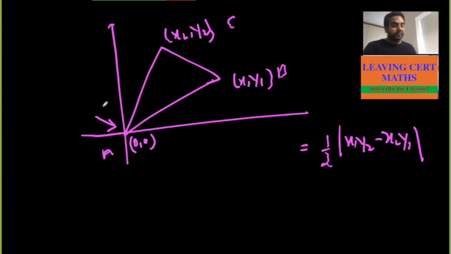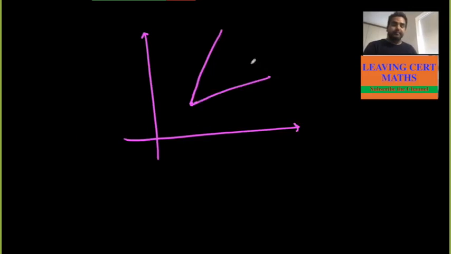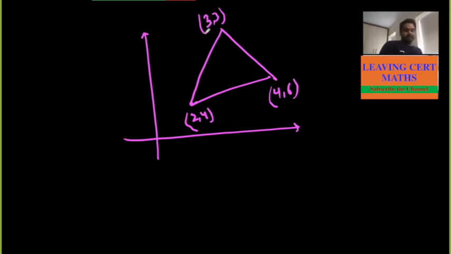But what will you do if the question is something like this? Let's say it's saying this. How will you find the area of this triangle? You take one of the points, say you take 3, 3, and you subtract 3 from each to make it 0, 0.